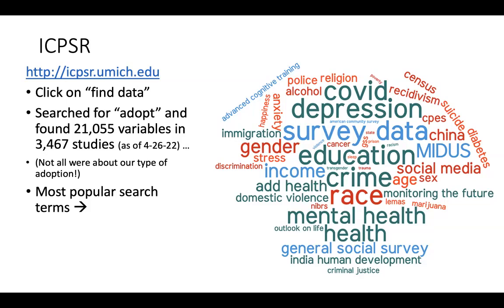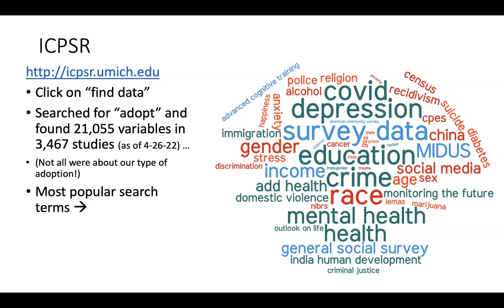The word cloud on the right-hand side of this slide shows the most popular search terms currently being used at ICPSR. So things like depression, crime, social media, age, race, mental health. Many of these kinds of variables are things that we care about in terms of adoption. So ICPSR is a really good resource to know about and to use.